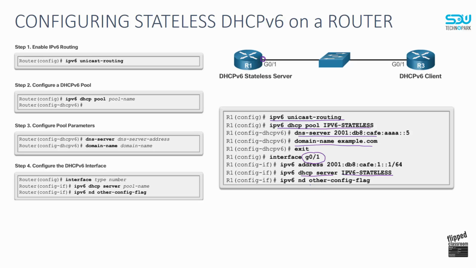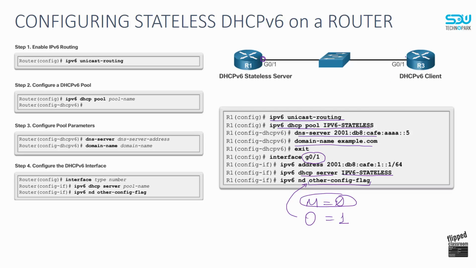And then you say IP version 6 nd other-config-flag, so this command sets flag M to 0 and flag O equal to 1. So you turn it on by using this command, and by default M is equal to 0.